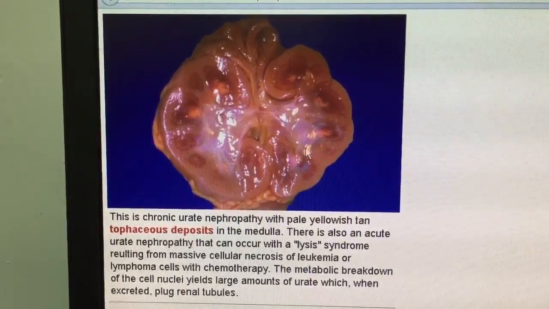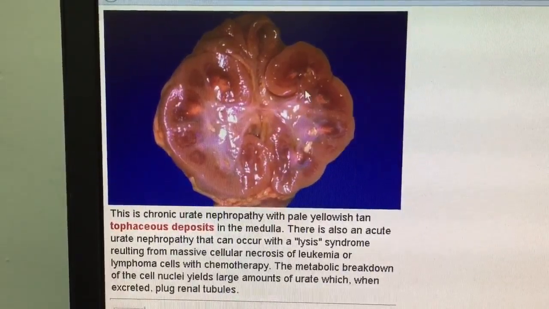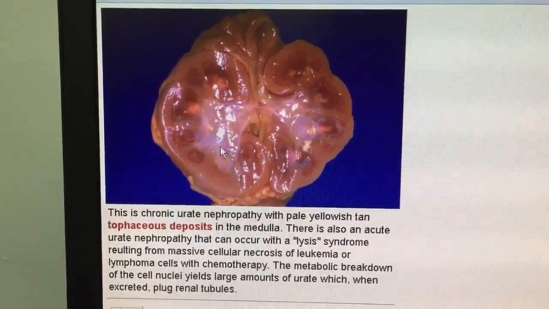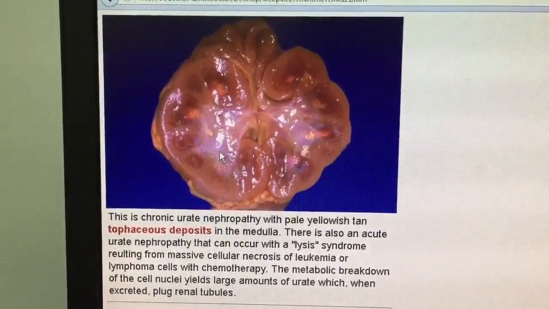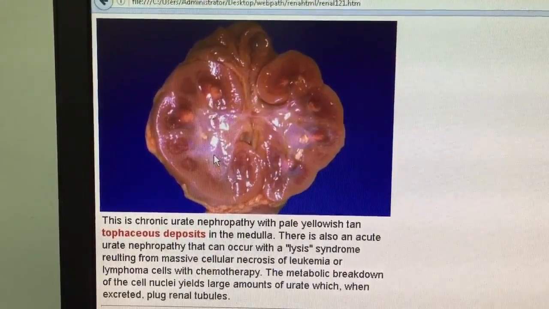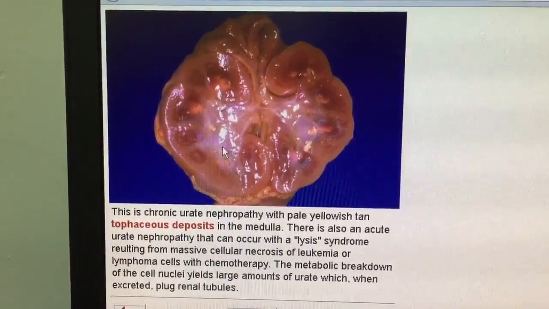Grossly, it appears like these yellowish foci scattered within the renal parenchyma. Usually, high uric acid level occurs in association with gout disease, as well as a complication of chemotherapeutic agents, like in case of tumor lysis syndrome.